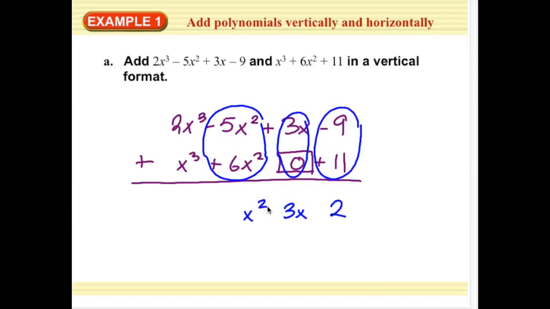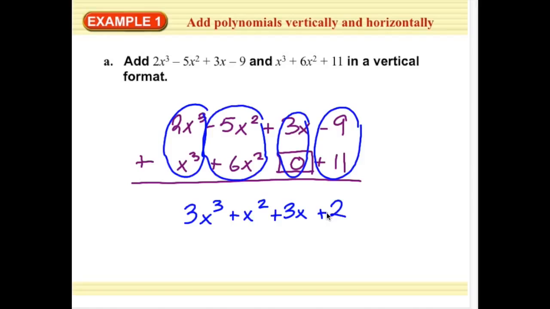And 2x cubed plus x cubed is actually 3x cubed. So 3x cubed plus x squared plus 3x plus 2, right? So this is my sum, the sum of two polynomial functions that I just went ahead and added together just like that.